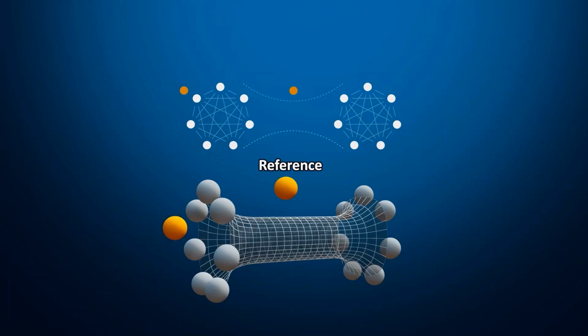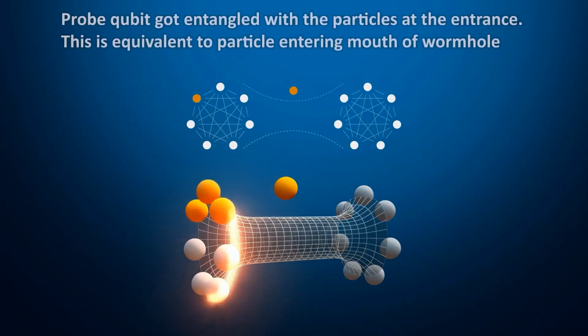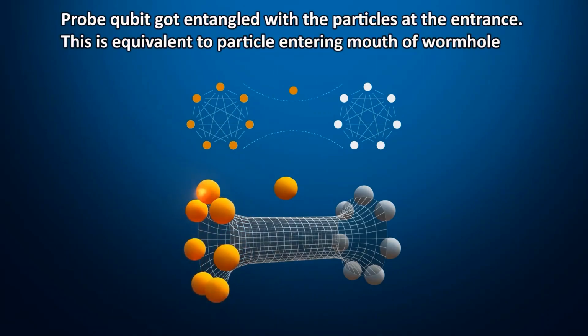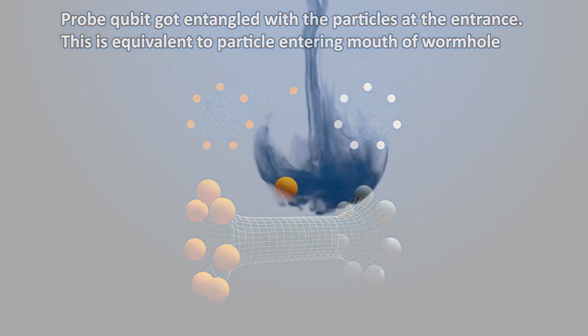The probe was swapped out with a particle located at the entrance of the wormhole. That probe's possible states then quickly got entangled with the states of the other particles at the entrance, spreading or scattering this information among them, kind of like a drop of ink in water. This is roughly analogous to a particle entering the mouth of a wormhole.